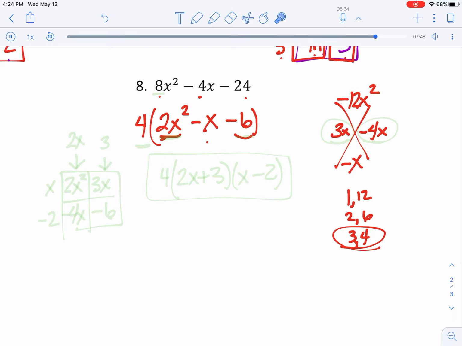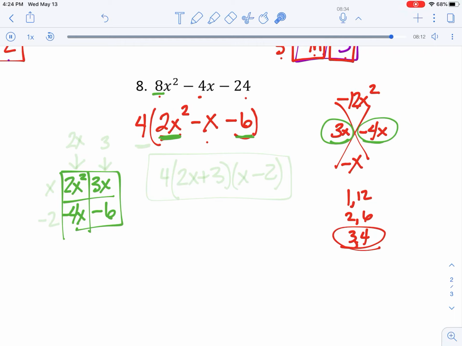Okay, so now we're going to put this into our table. And we have to use the leading term from the factored one. We don't want to use our 8x squared. We want to use the 2x squared. And the ending term goes down here. The terms that we found in any order.